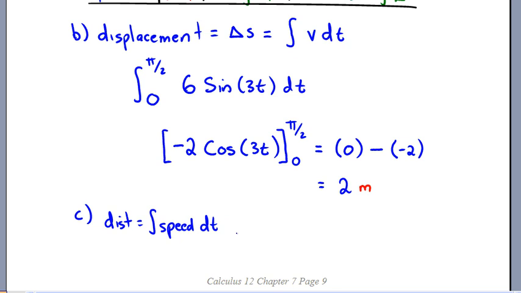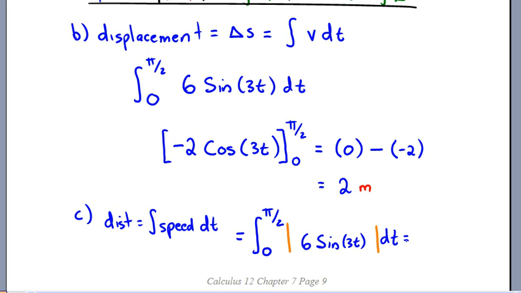So I would go to my calculator and I would say, hey, calculator, I need you to help me out. Can you integrate from 0 to pi over 2? And I need you to do the absolute value of this velocity. This velocity was 6 sine of 3t dt. And just let your calculator have it.